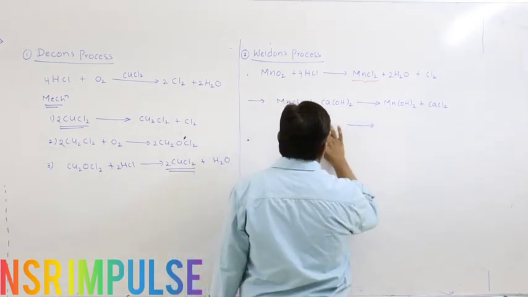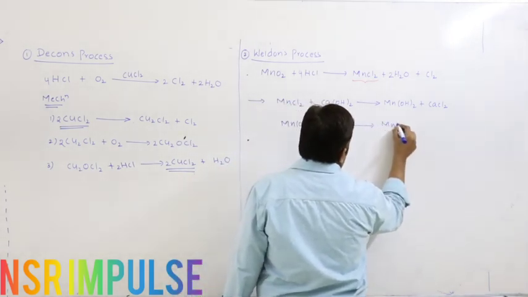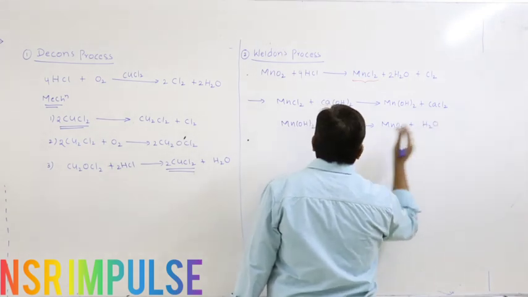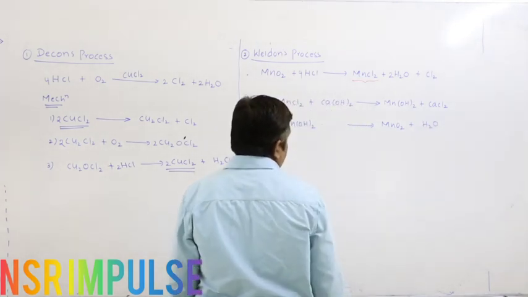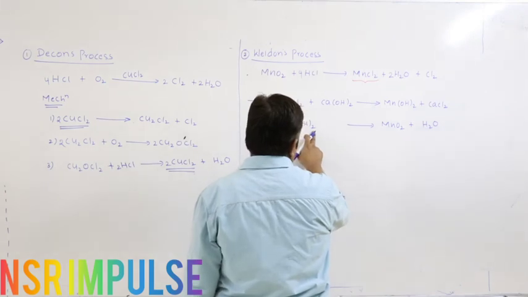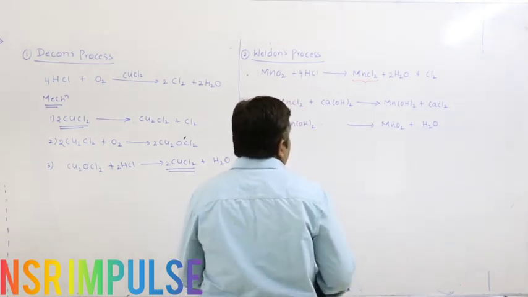On heating, let us see what we get is MnO2 plus H2O, 2 hydrogens, 2 H2O, 2 oxygen, so it is not balanced.